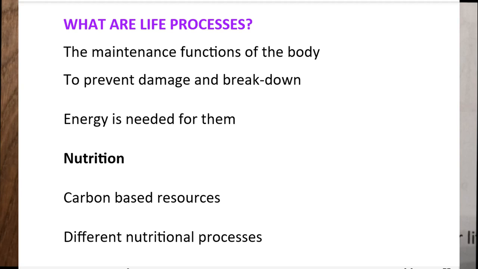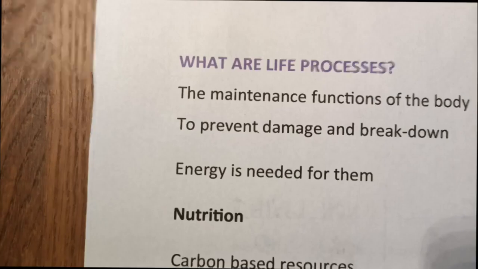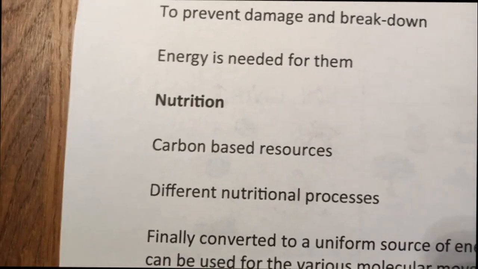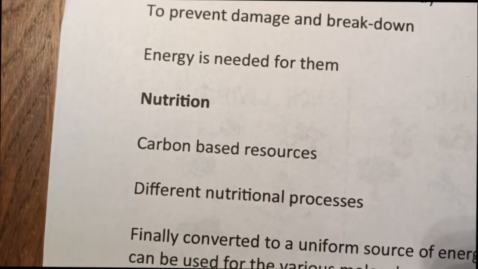Now this process is called nutrition. Okay, so we will look into just an introduction of these processes. So nutrition brings the energy from an outside source into the body, and that involves many more steps.